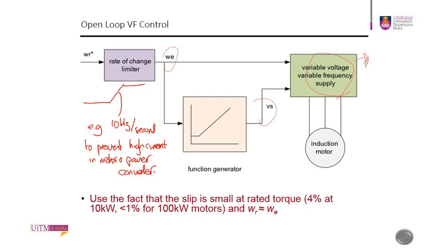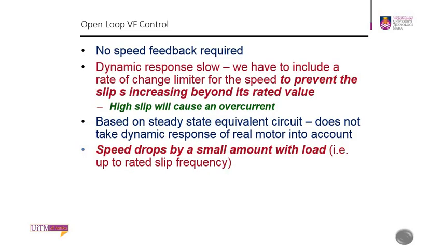For this simple open loop VF control, no speed feedback is required, but you have a slow dynamic response. We have to include a rate of change limiter for the speed to prevent the slip increasing beyond its rated value.